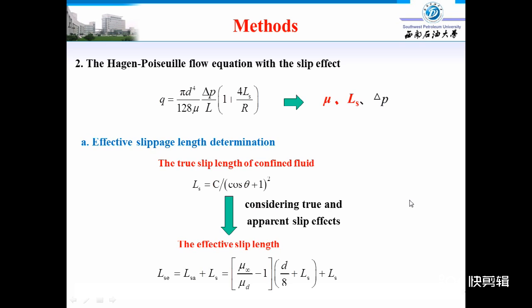We focus on the effective slip length and the confined channel fluid viscosity. Confined channel liquid-wall interaction is determined by the boundary water availability. So, the true slip length Ls can be obtained by the contact angle for the given liquid.